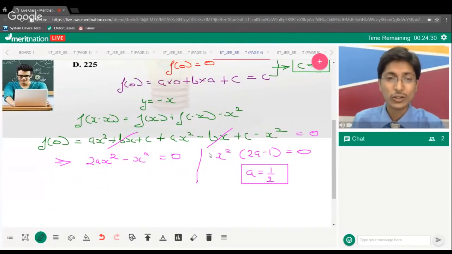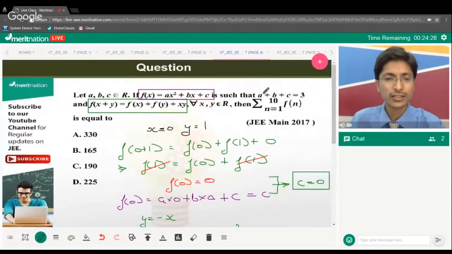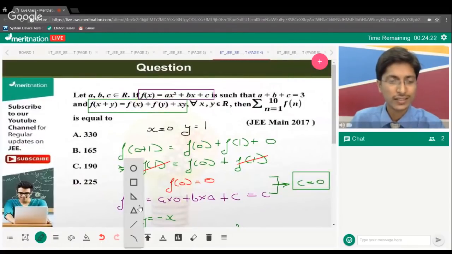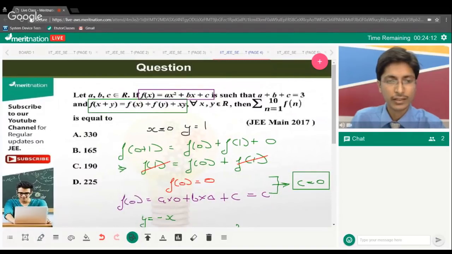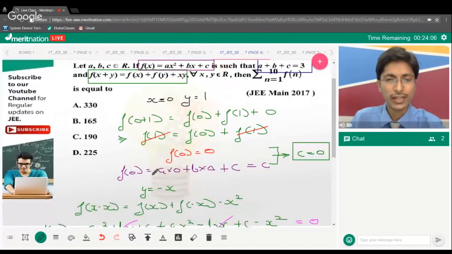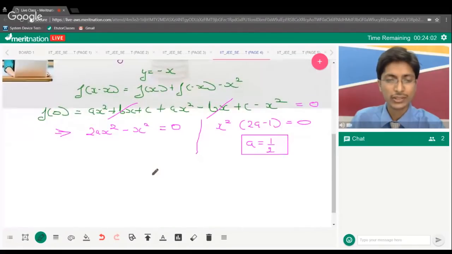Now we look back to the question. We haven't made use of one of the things, that is a plus b plus c equals to 3. So we'll now make use of this expression, a plus b plus c equals to 3. And we know the value of a and c. So a is equal to 1 by 2 and c is equal to 0.